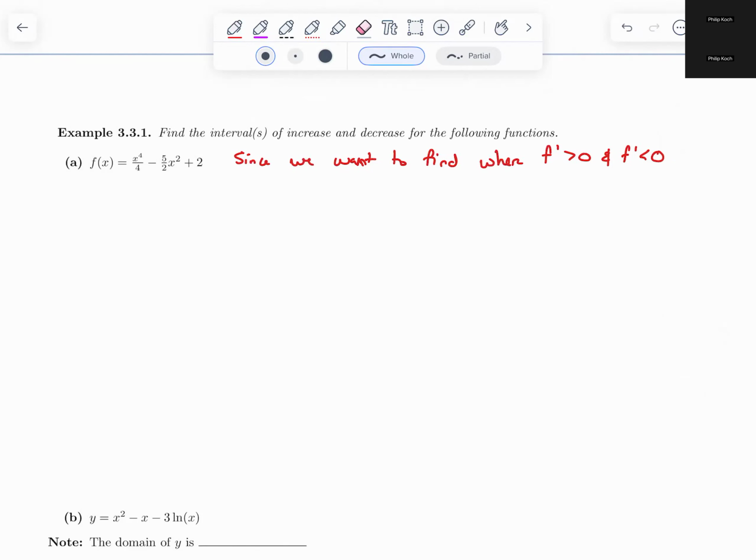In 126, we were tasked with finding where something is greater than 0, and to find the solution intervals you had to make a sign chart. The sign chart told you where a function was positive and where it was negative. So we're going to use a sign chart to find out those intervals.